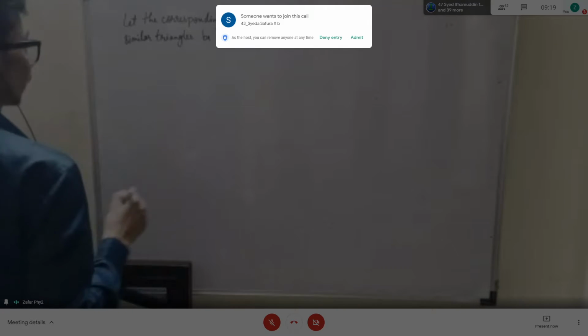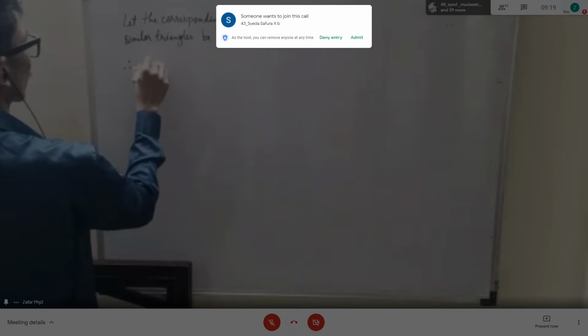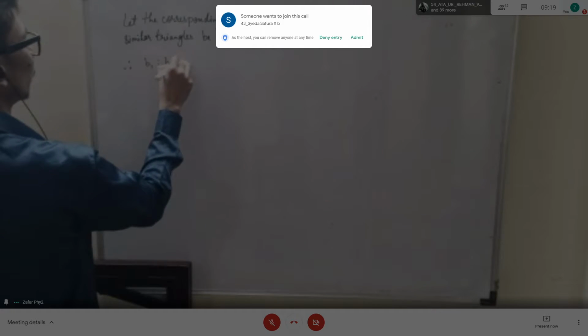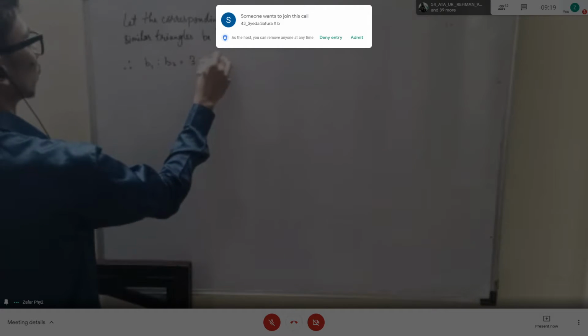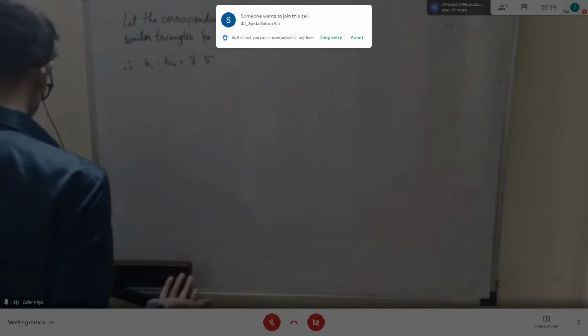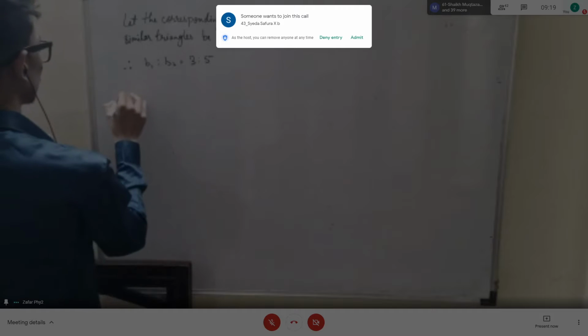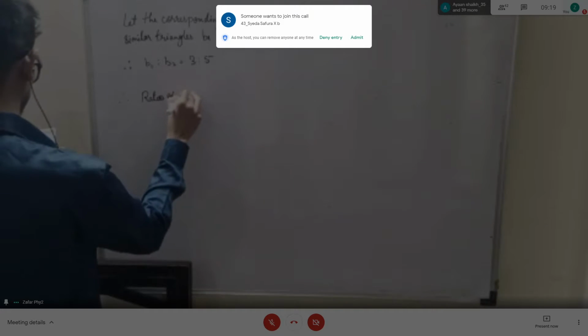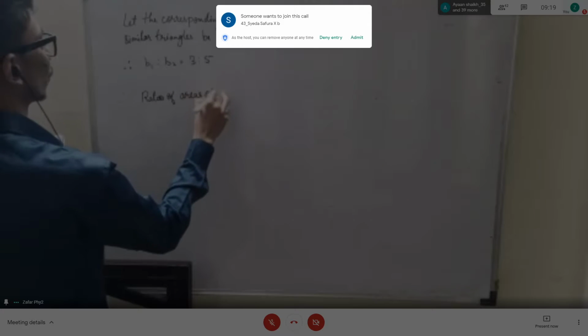These are the sides we have taken. So B1 is to B2 equal to 3:5, and we have to find the ratio of areas of triangles.